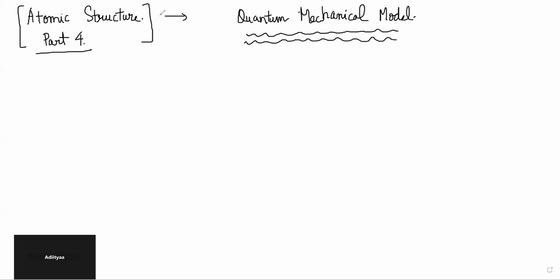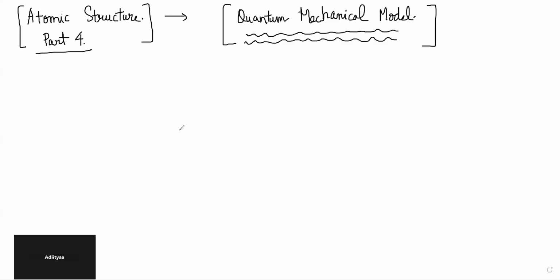And today we will continue with our discussion of atomic structure, and we are in the final stage. We are now going to discuss the quantum mechanical model. Before that, we have seen what Bohr's model is, what its predictions are, and what its limitations are.